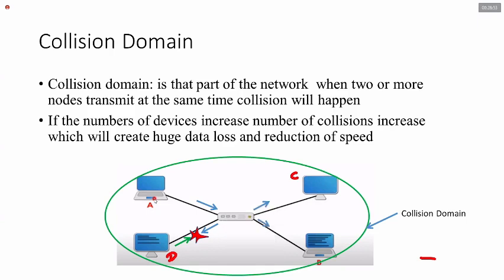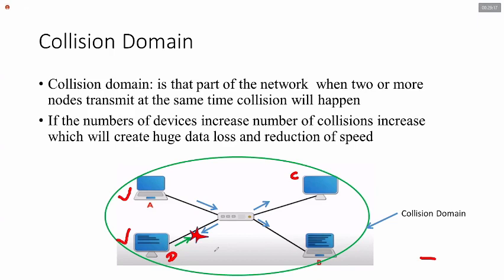So that means we say A and D are in one collision domain, right? If two computers are trying to send a message at the same time, not to each other, but to some other people, right? So A is trying to send to B, D is trying to send to C. If two people are trying to send to each other, definitely there can be a collision.